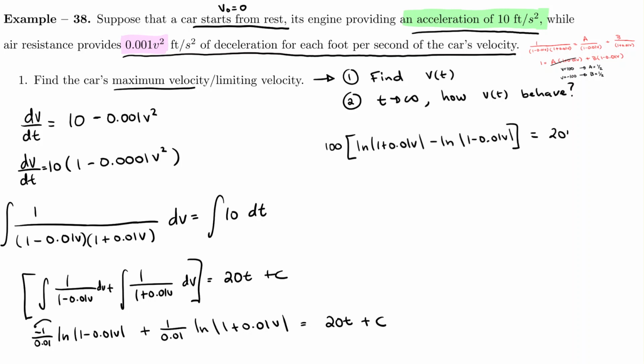Let's divide both sides by 100. That should give us 0.2t plus still our constant of integration. And now whenever we have natural log same base being subtracted, we know that combines to dividing their inputs to a single logarithm.